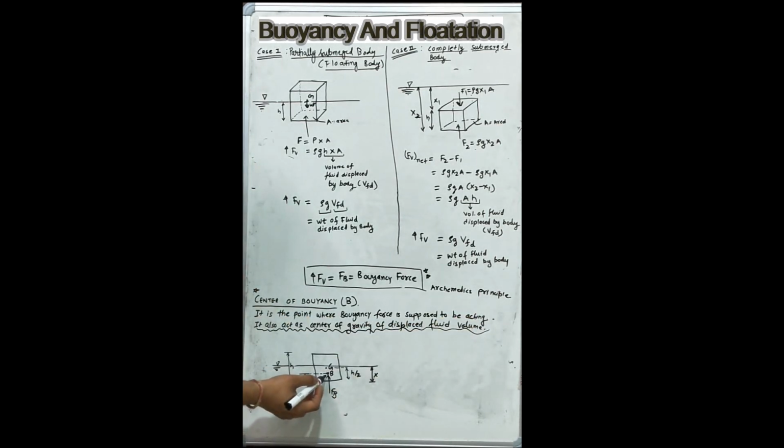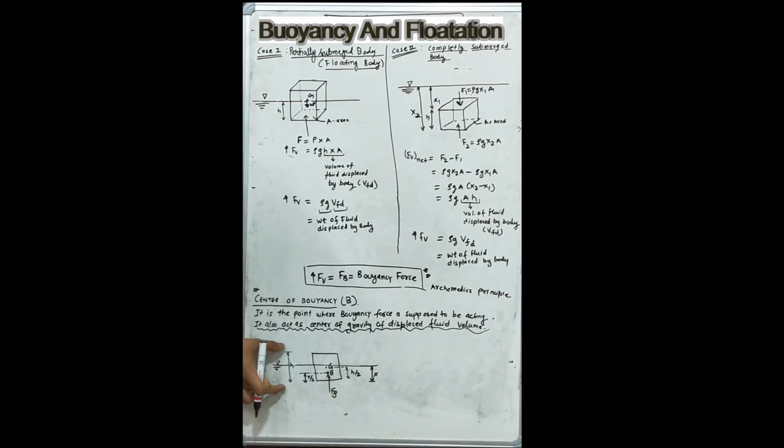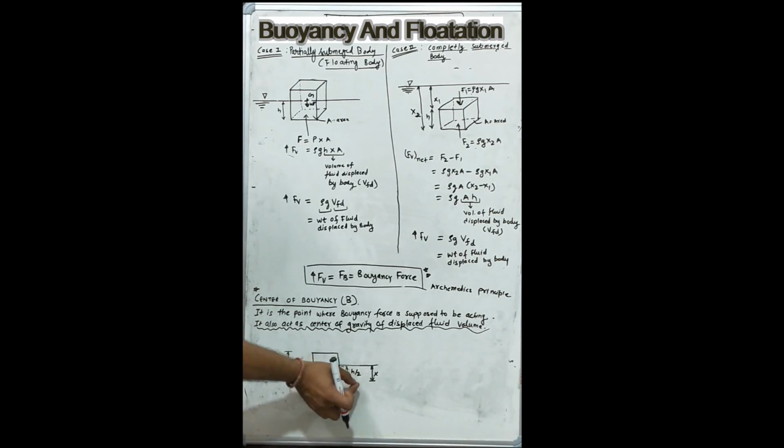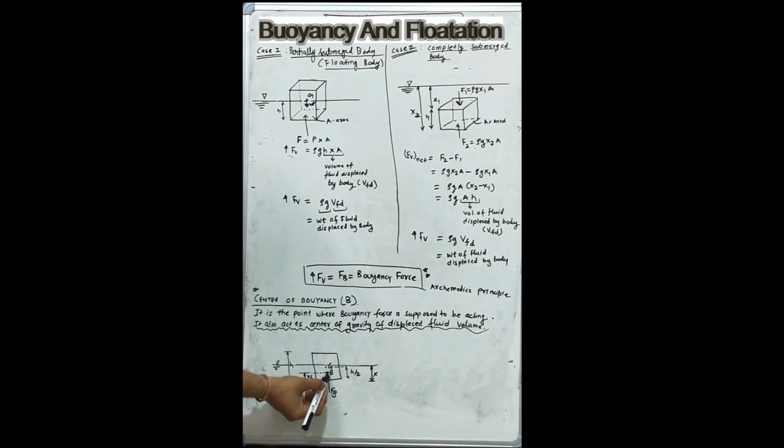So center of gravity of displaced fluid volume, what does it mean? Let us consider this body has a height h. So G is at a distance of h by 2. Similarly, B is the center of buoyancy. It acts as the center of gravity of the displaced fluid volume. What is the displaced fluid volume?